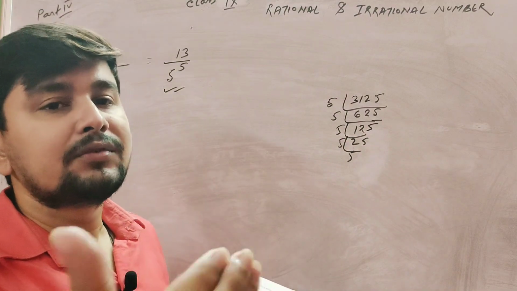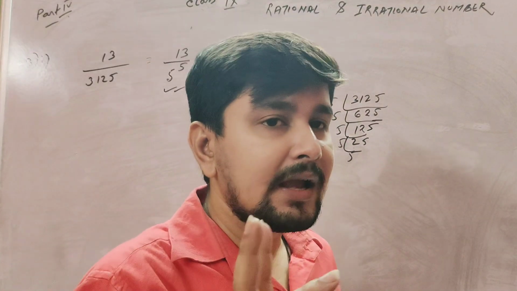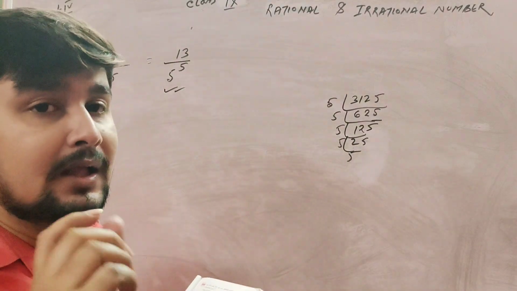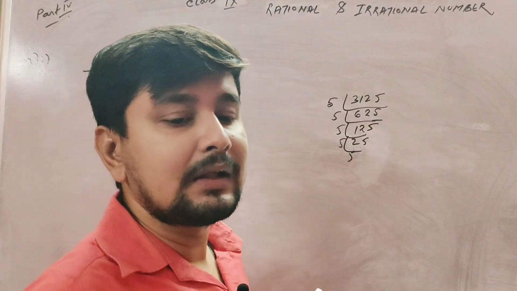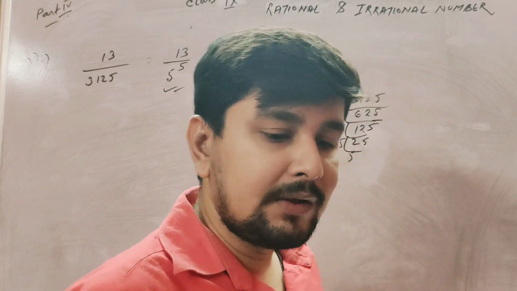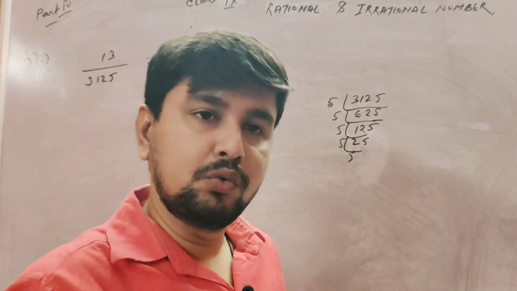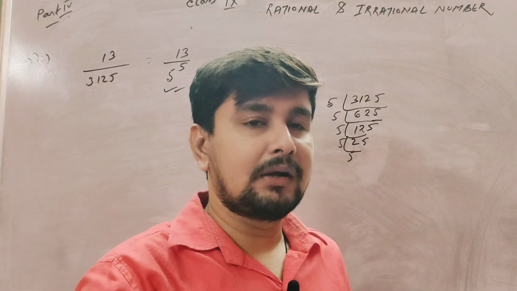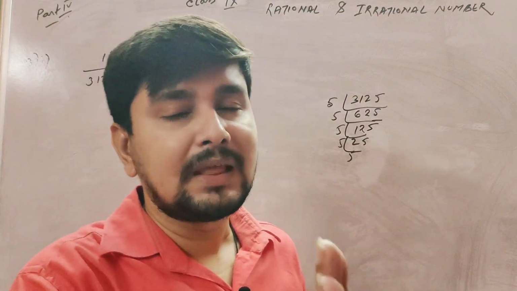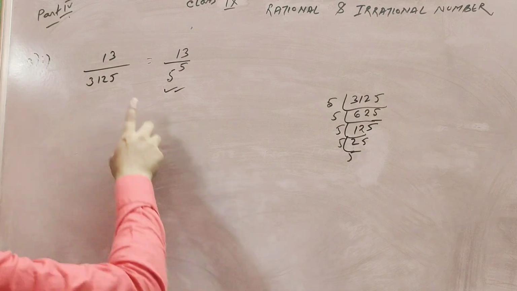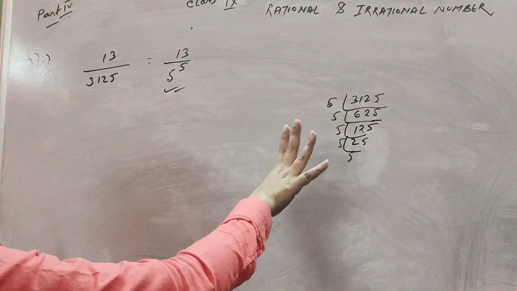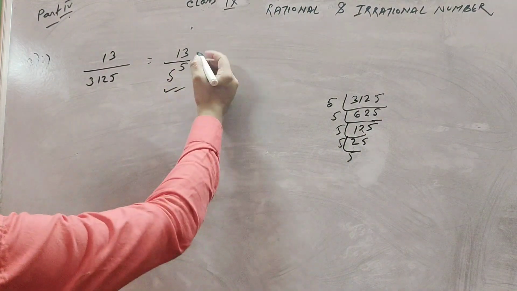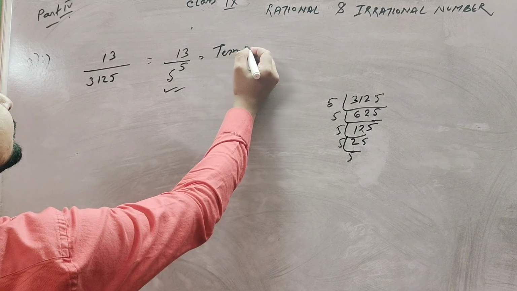If any other factor comes, that is non-terminating. Again I repeat, listen very carefully: if your factor comes 2 or 5 or both, then it is terminating. If any other factor except 2 and 5 comes, this is non-terminating. So your factor comes in the 5 form, so this is your terminating decimal.